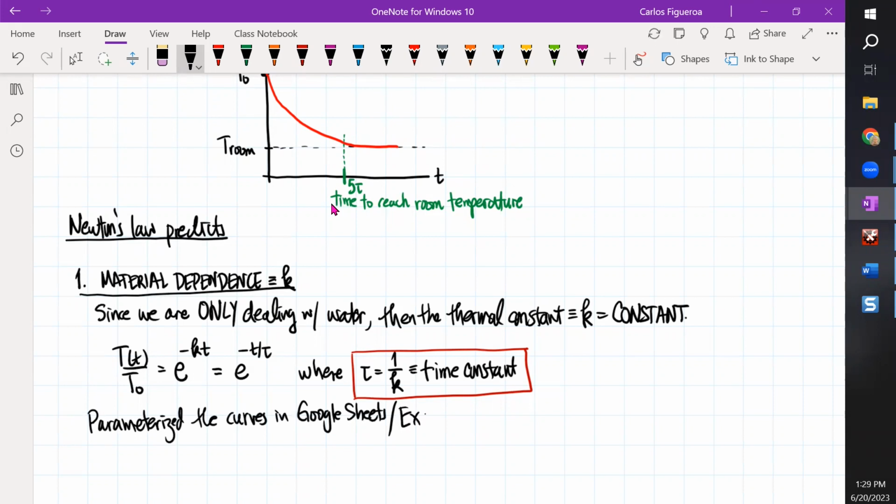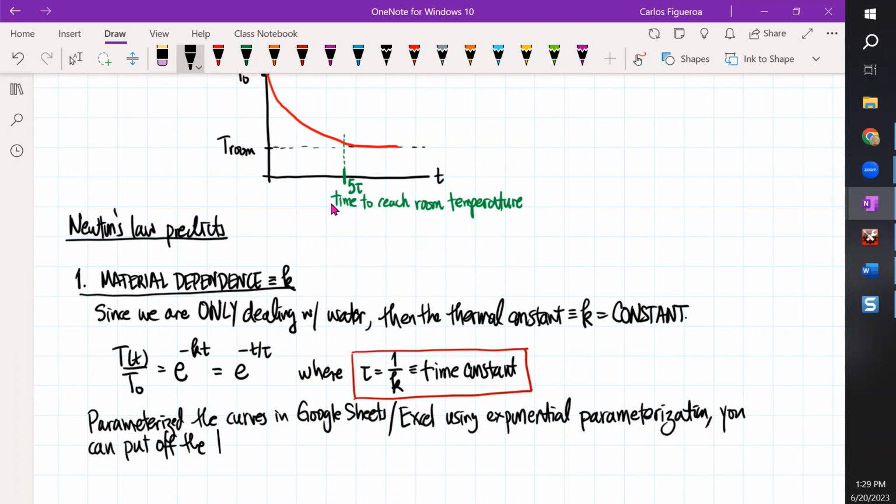Excel, using the exponential parameterization, you can pull off the time constant.